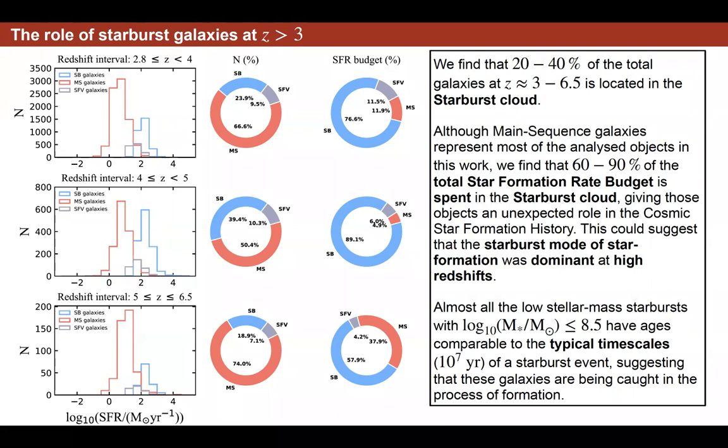But if we look at the total star formation rate budget, which is the total amount of star formation located in each kind of galaxies, we can see that 60–90% of the total star formation rate is located in the starburst cloud, which means that maybe starburst galaxies were very common at high redshifts, and maybe the starburst mode of star formation was dominant at high redshift.